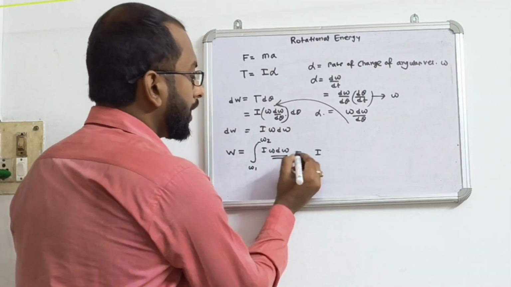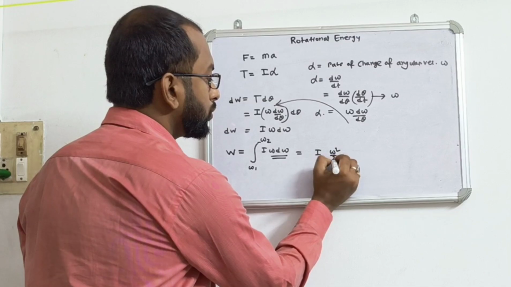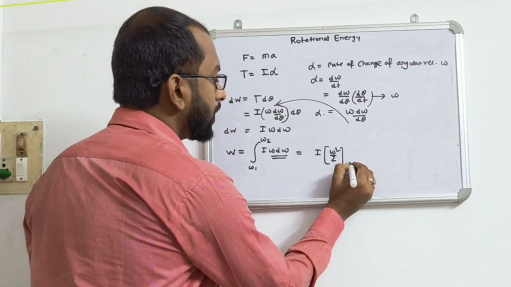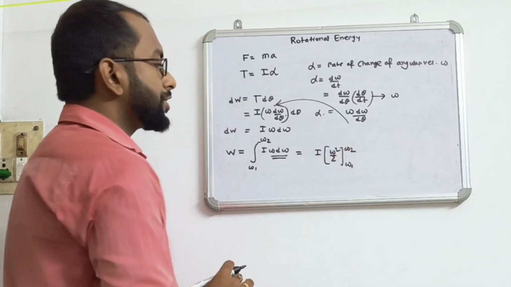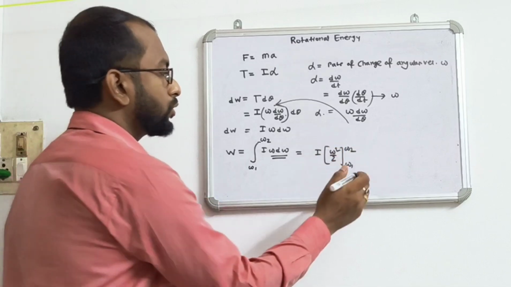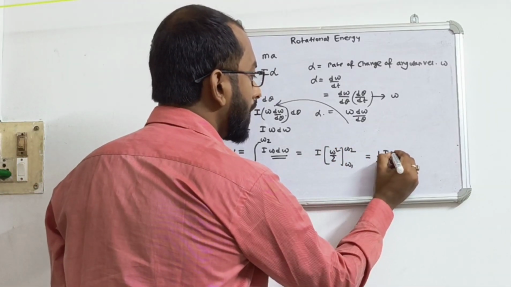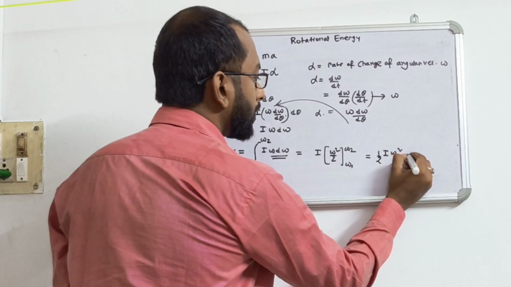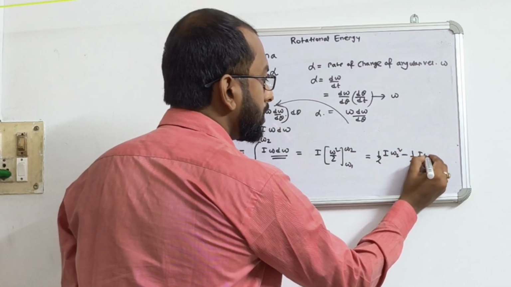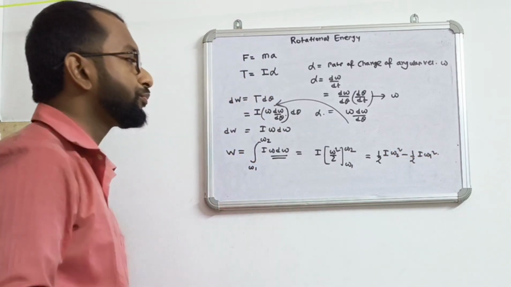Omega d omega integration is omega square by 2. We will put the limit from omega 1 to omega 2. It is changing the angular velocity from omega 1 to omega 2. We will get that it is half of I omega 2 square minus half of I omega 1 square.